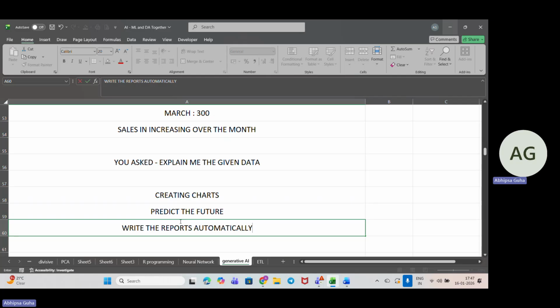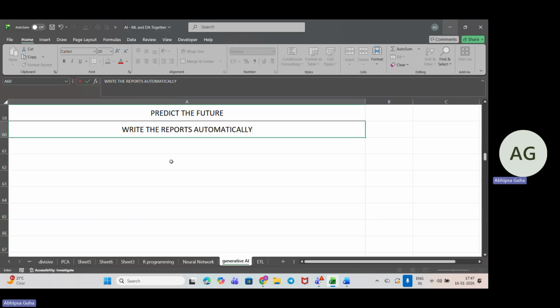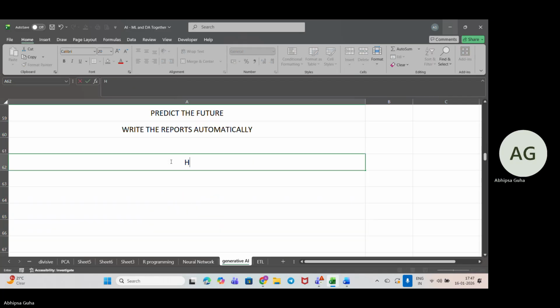Now, how does generative AI learn? That is the major question. There is a very simple example: the AI learns like a child.